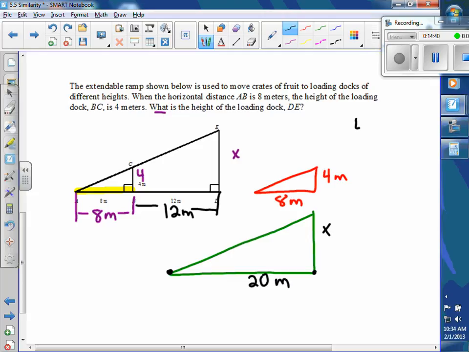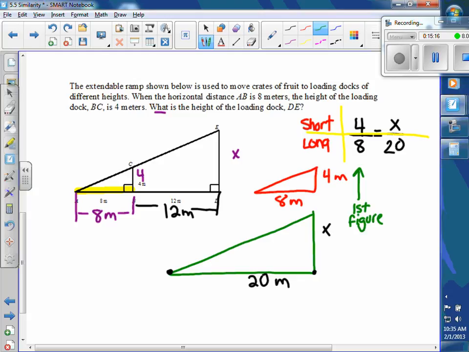So to find X, we're going to say 4 compares to 8. So the short side of one triangle to the long side of the same triangle, which is equal to X over 20. So again, if you think about this in a table, you can compare short side to long side. And this could be one figure, and this could be the second figure.